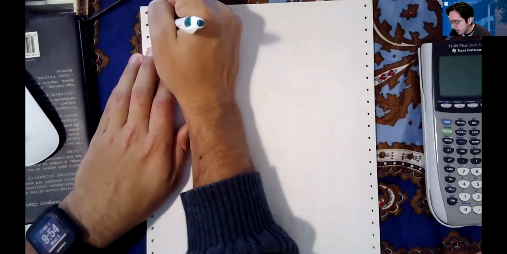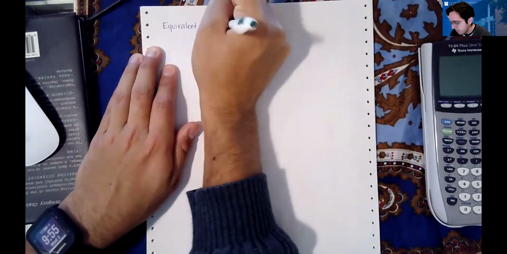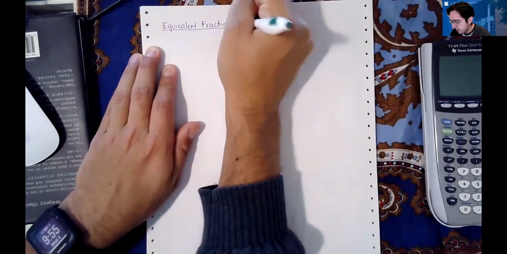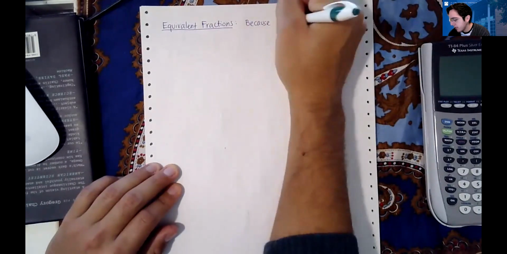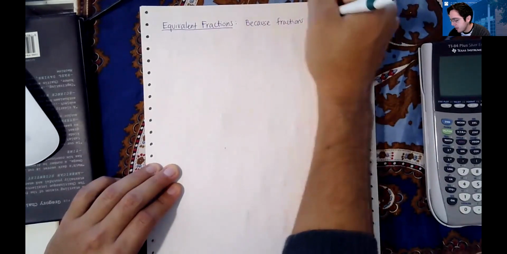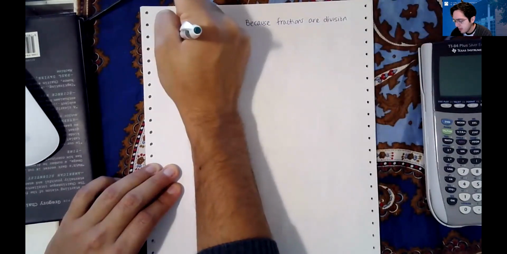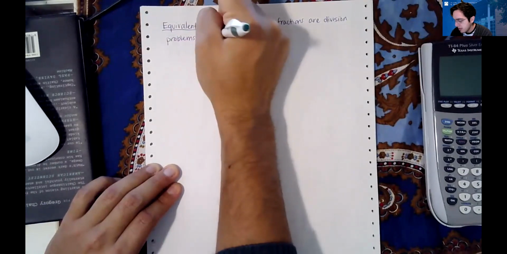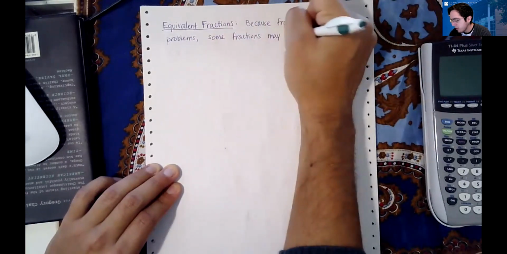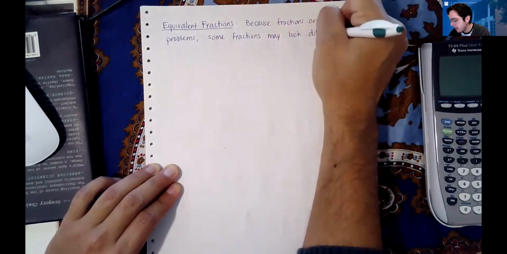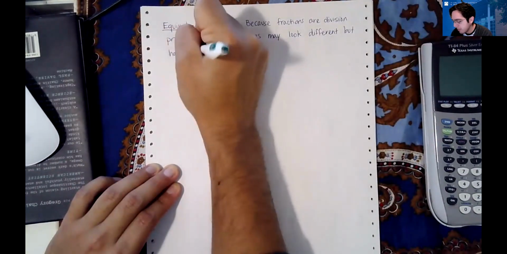So equivalent fractions. Because fractions are division problems, some fractions may look different, but have the same decimal value.